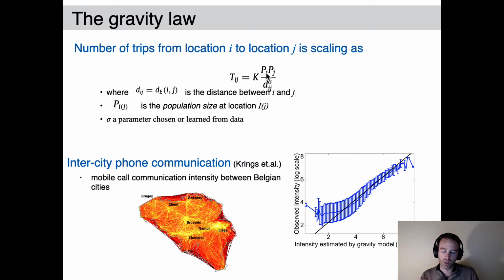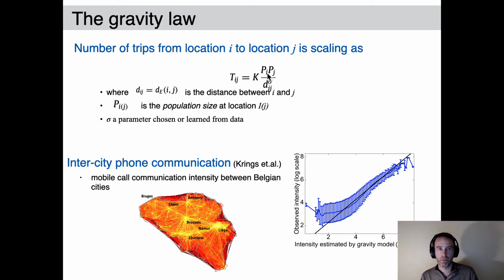What is really important to remember here is that the population is used as a factor to explain the number of trips, and this probably reminds you of the configuration model, because in the configuration model, if you remember, we are using the degrees of nodes, and the probability of observing an edge between two nodes depends on their degrees.